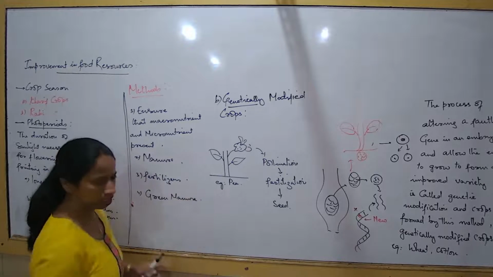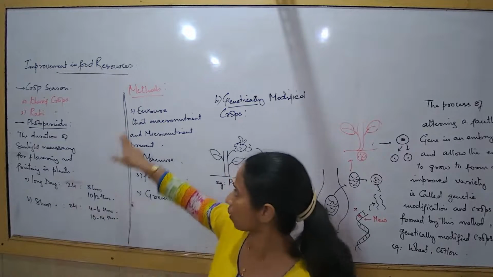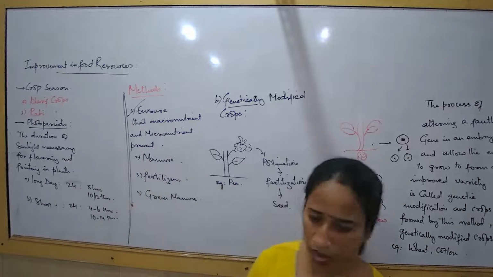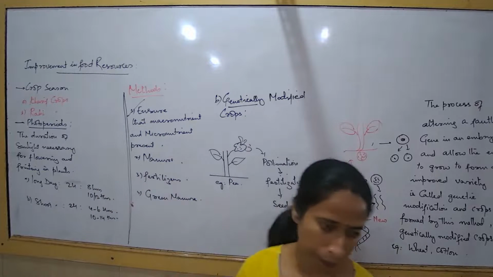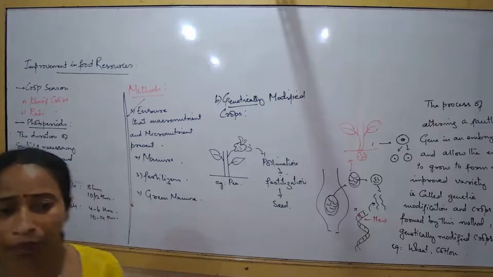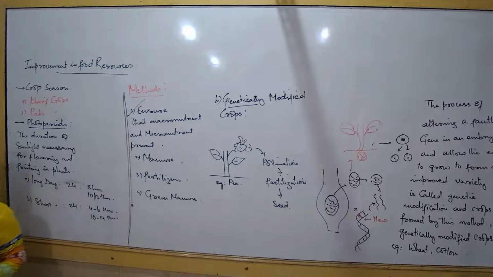Now let us try understanding all these methods. This is what we studied just now: ensure that the soil has adequate amounts of macro and micronutrients. What is manure? Manure is the process of decomposing animal waste, farm waste, etc., and converting them into a semi-solid mass. How can that be done?